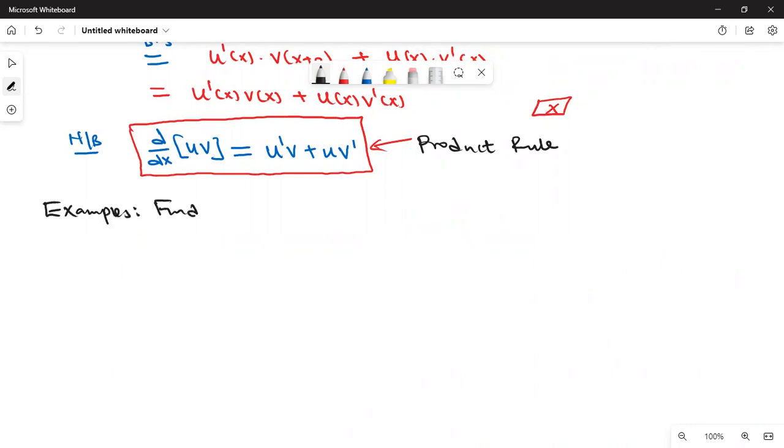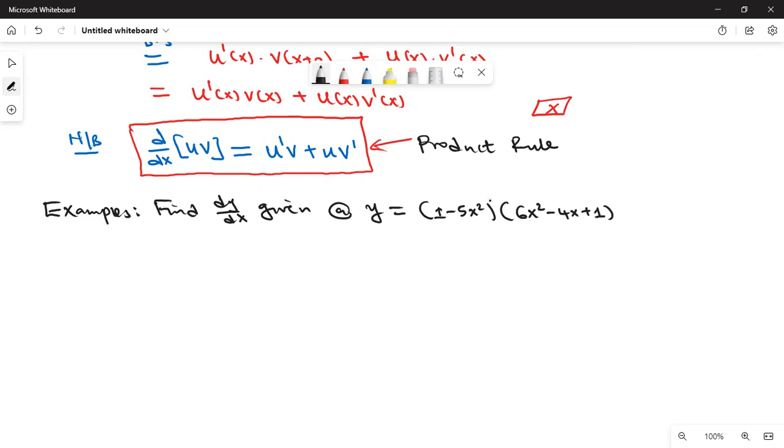Find dy over dx given that in part A, y is equal to, the simplest one, 1 minus 5x squared times 6x squared minus 4x plus 1.